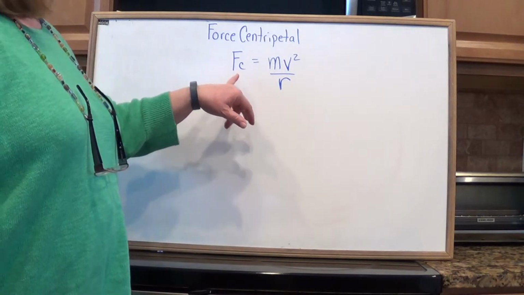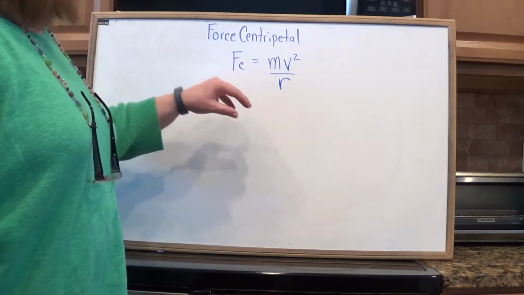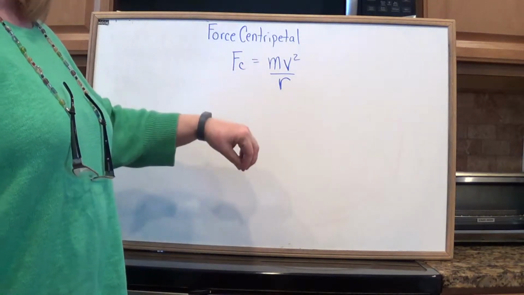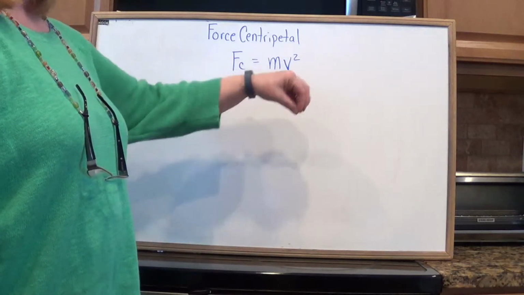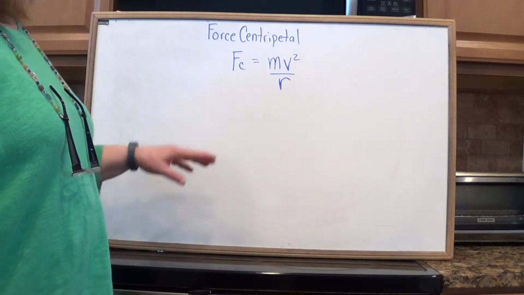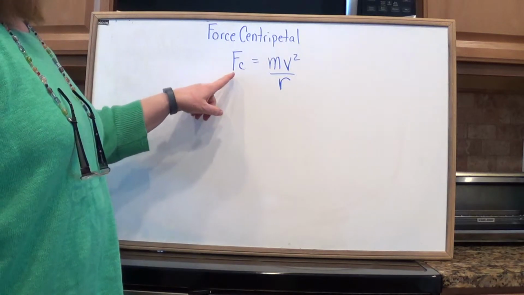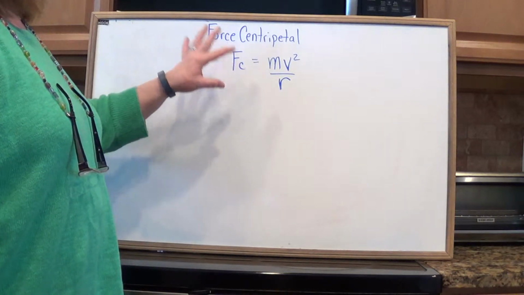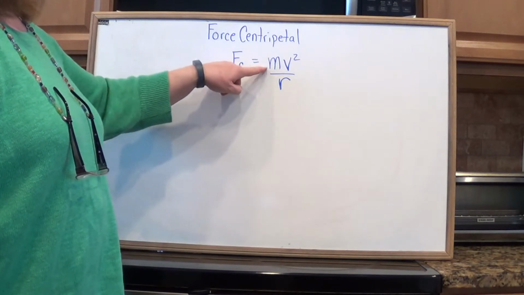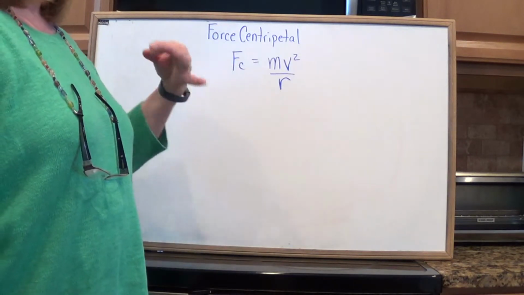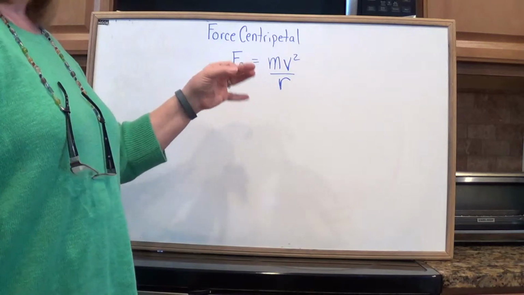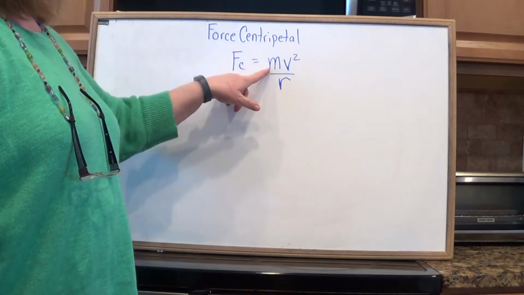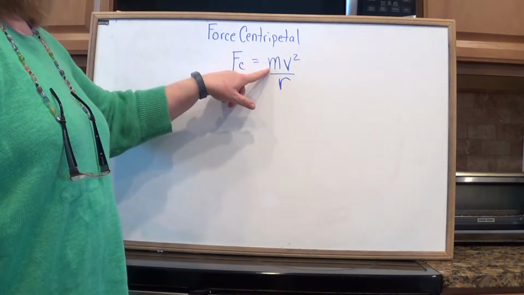In lab, in the first part, if you recall, we added hanging washers, 1, 2, 3, and 4. Those were causing more tension on the string, which is an increase in the force centripetal. The mass, the little ring, the single washer that we were spinning, stayed the same on each trial.